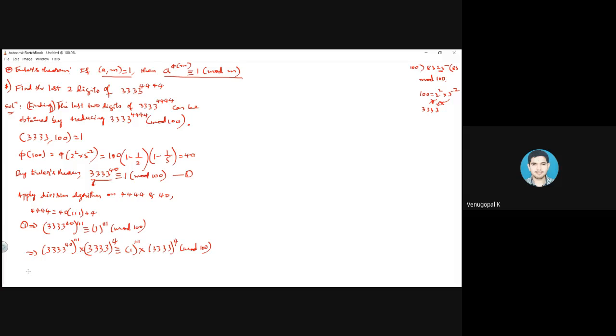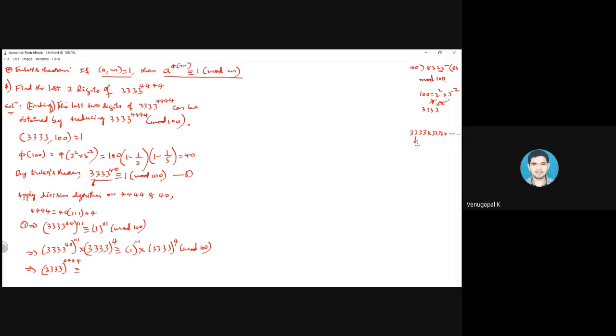Okay. So totally this would imply, as we planned, the total power in LHS will be 4444. That will be congruent to 3333 power 4. Now this 3333 we have 4 times. Okay.